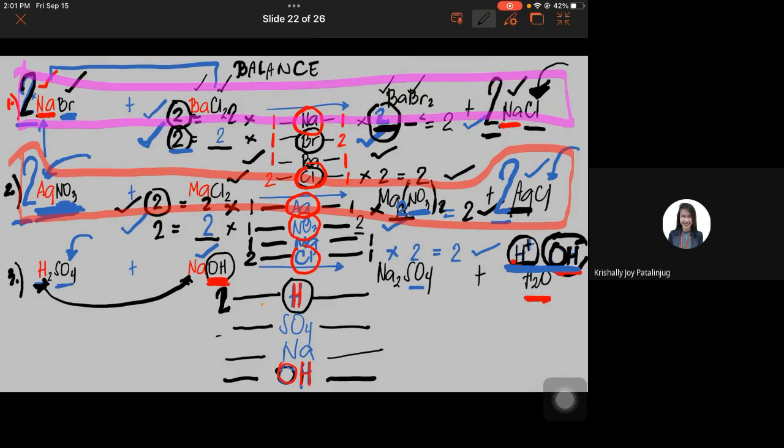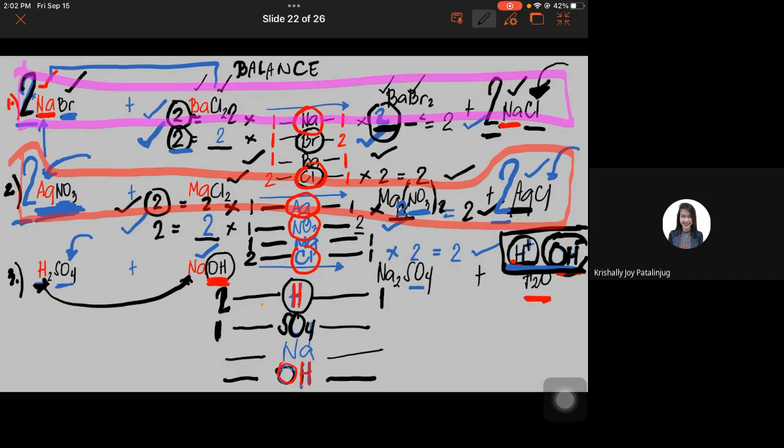On the product side, this is your basis in counting, H and OH. My question, how many hydrogen on the product side? Again, we break down water into H and OH, so there's only one H. Sulfate, on the reactant side, you have one SO4. The whole SO4, there's only one.